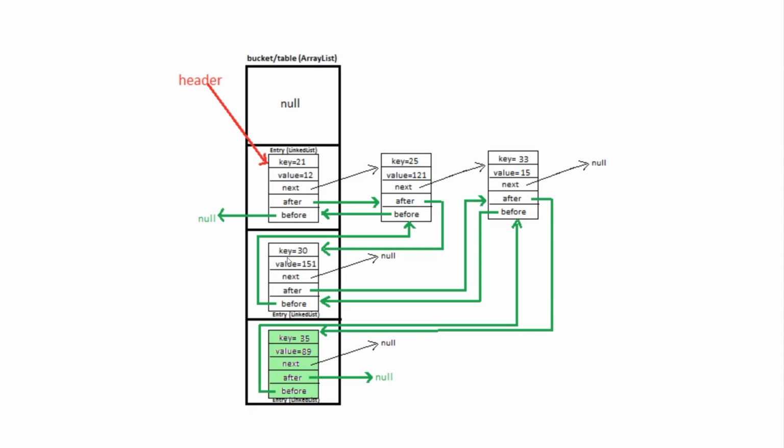Here we show how each node is formed. We have the key, the value, the next element in the bucket, and the after and the before using the doubly linked list.